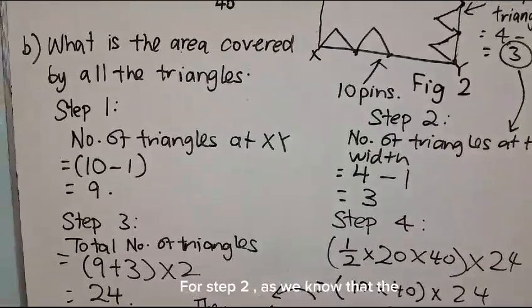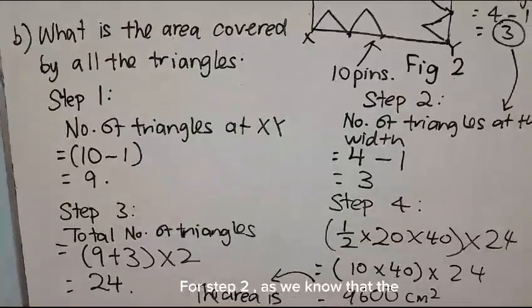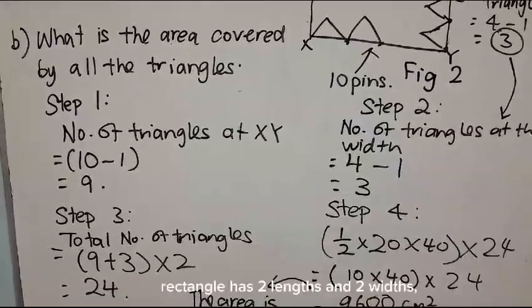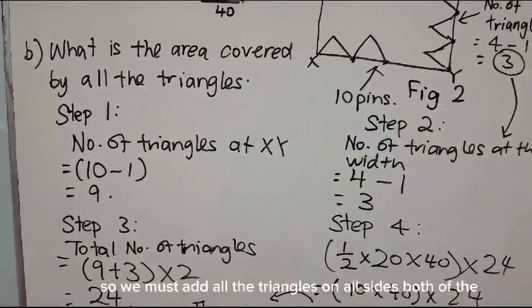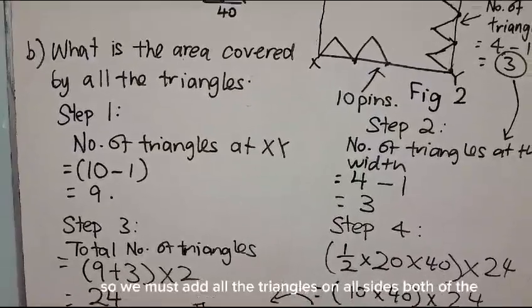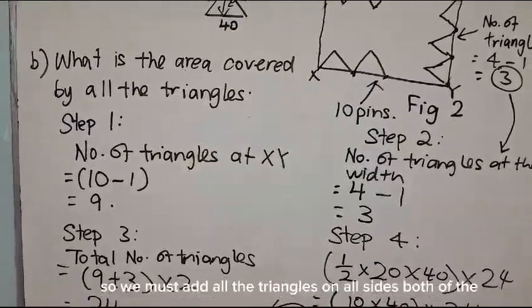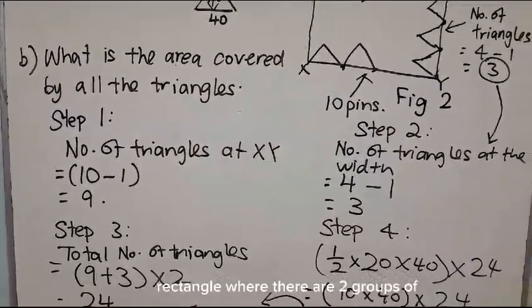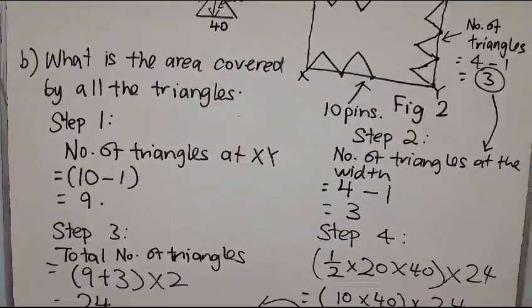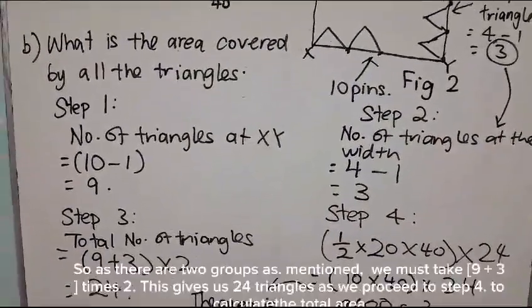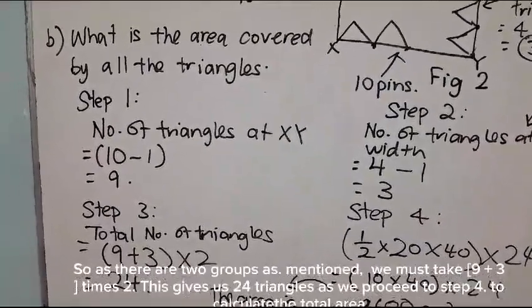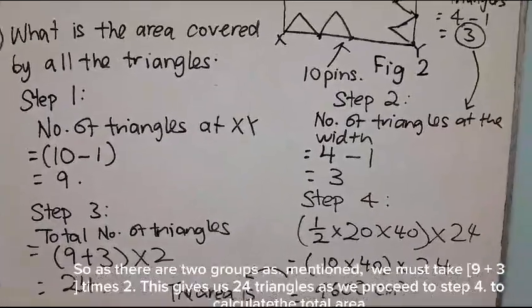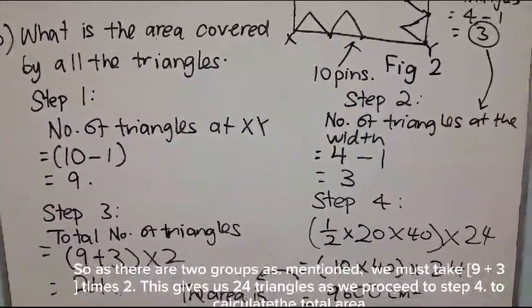So after step 1 and step 2, as we know that the rectangle has 2 lengths and 2 widths, we must add both groups of the length and the width up. As there are 2 groups, we must take 9 plus 3, times 2. So it gives us 24 triangles.